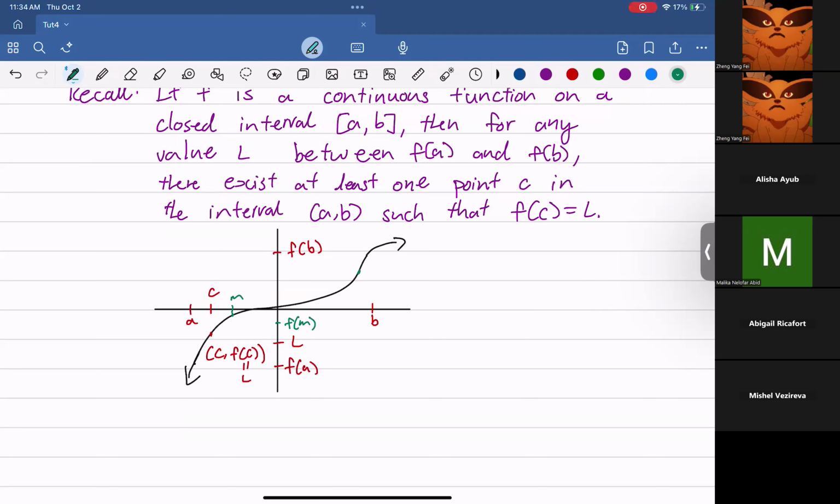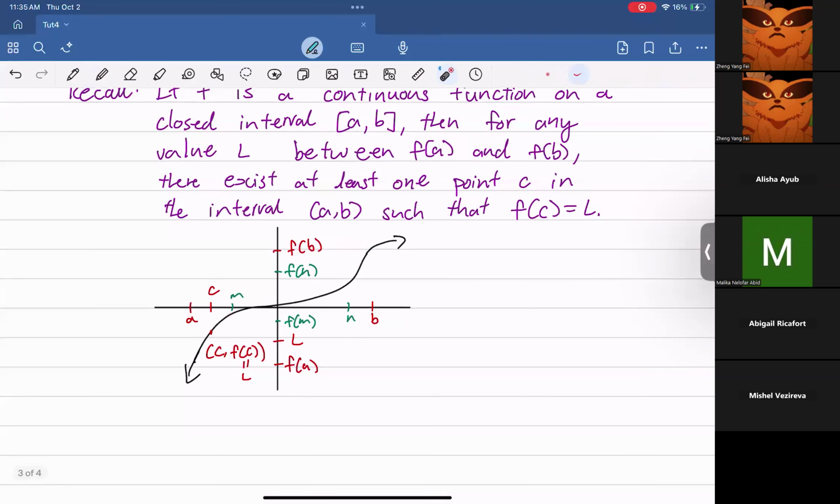So this here will be f of M. I can find another number N, so that this number here, which corresponds to something like here, is going to be f of N. Then you can see that f of M, which is here, is going to be less than 0, and f of N is going to be greater than 0, right? Just because one is below the x-axis and the other one is above the x-axis.